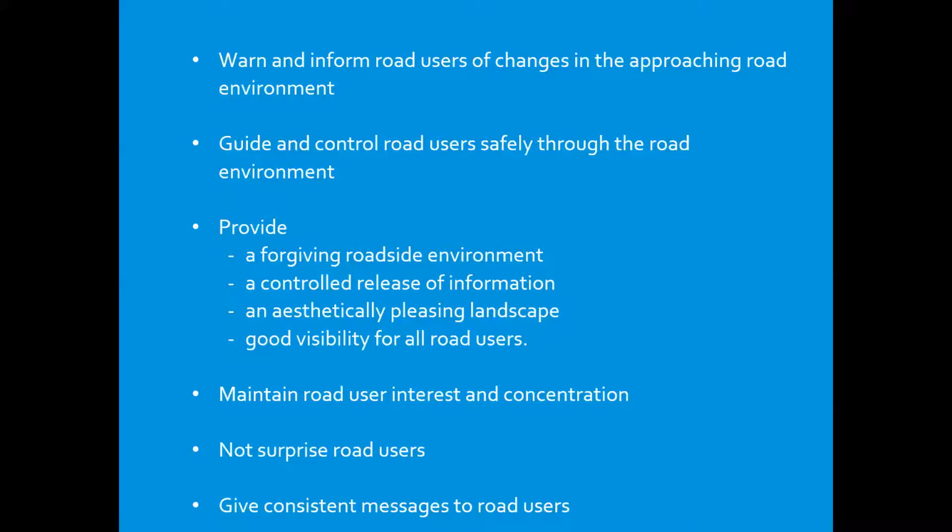Significant features include lane width, horizontal and vertical alignment, sight distance, superelevation, pavement surface and drainage, influencing the opportunities that exist for conflict between vehicles.